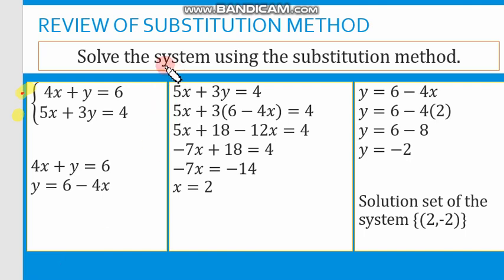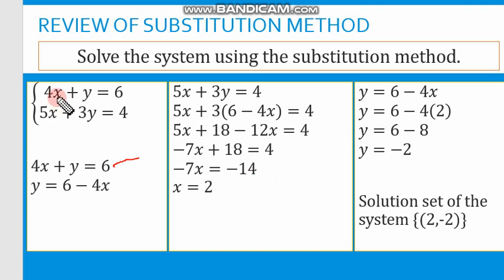Together we call it the system. According to the definition of the substitution method, we will use one of the equations, express a variable, and then substitute it into the next equation to identify the value of the variable.